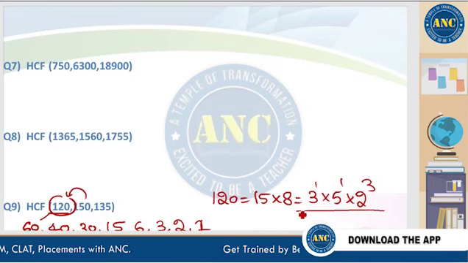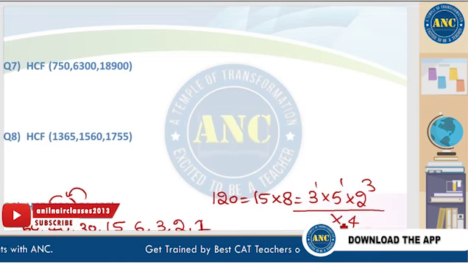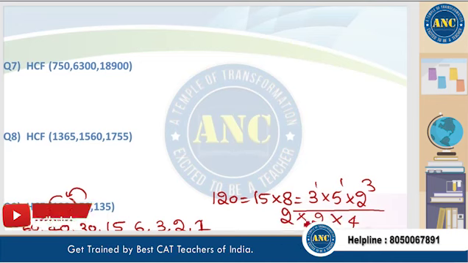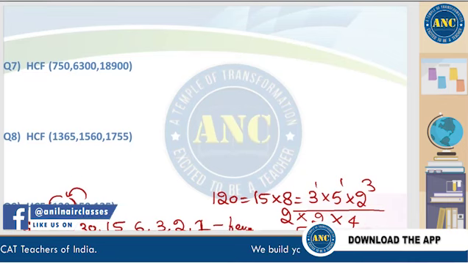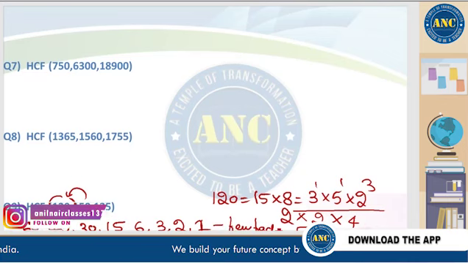Like that, totally I will get 4 into 2 into 2, 16 factors. I only wrote a few factors.